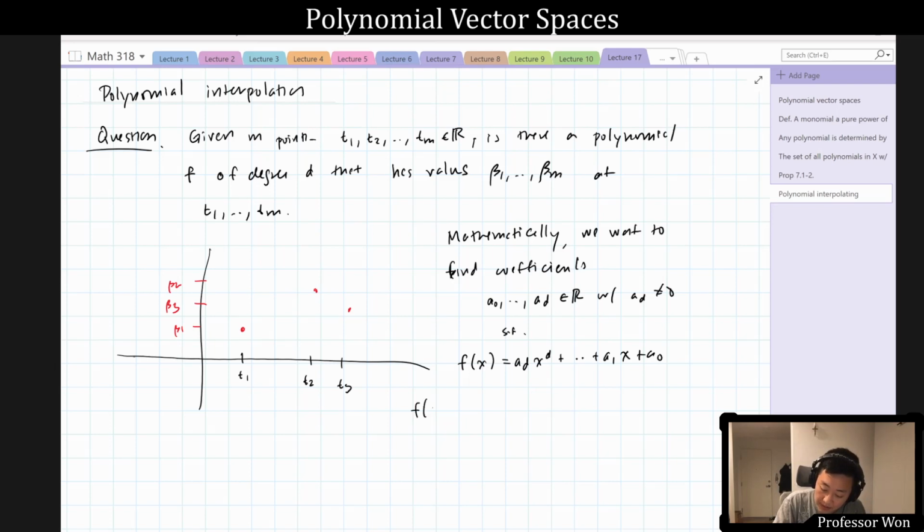So f of ti equals ad ti to the d plus a1 ti plus a naught equals beta i for each i.